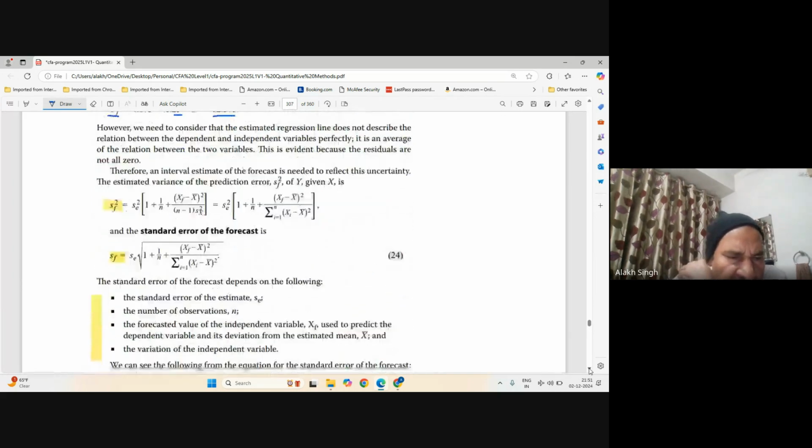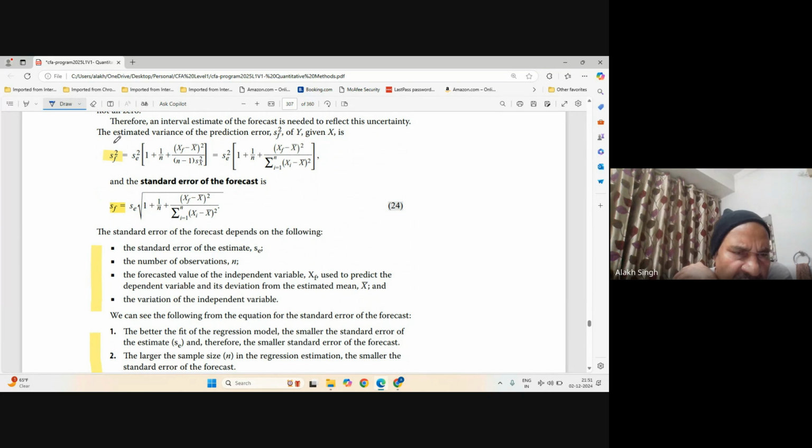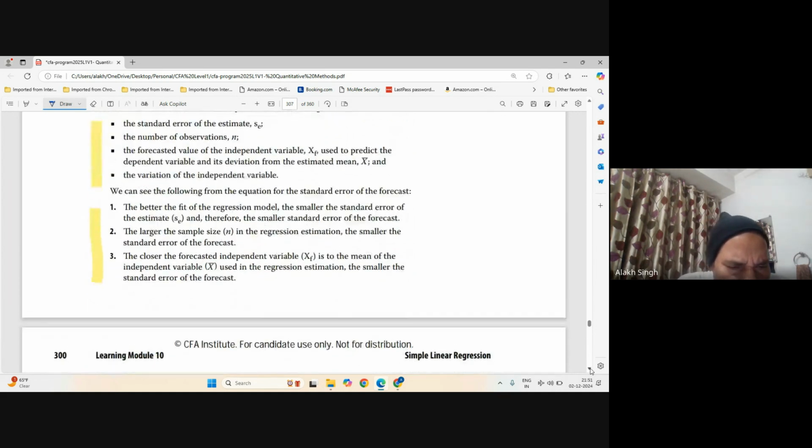This is the square of forecast, and the standard error is the same formula that we calculated just now: SE times the square root of 1 plus 1 by n plus xf minus x bar whole square over sigma xi minus x bar whole square. So this one is our total variation, and this one is forecasted variation. Actually, the prediction technique is nothing new for you.